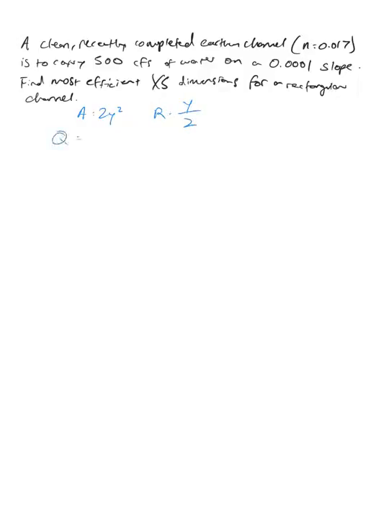We write out Manning's equation, Q equals 1.49 over n, A R to the 2/3, S sub 0 to the 1/2. Another way of saying A equals 2y squared, well, these are A and R in terms of y. We can also write A in terms of B, which is B squared over 2 for A, and R was B over 4.